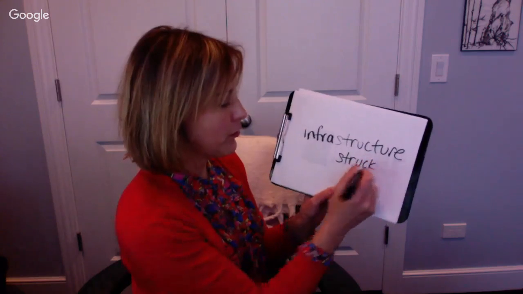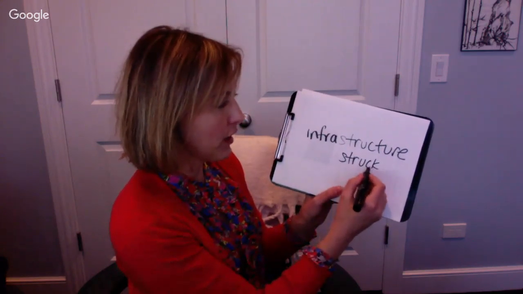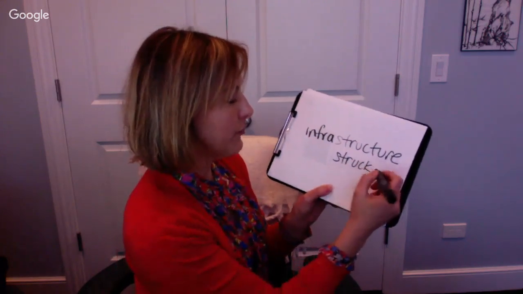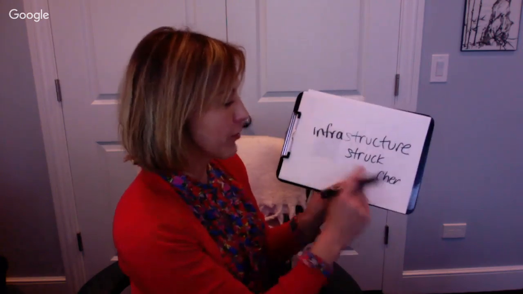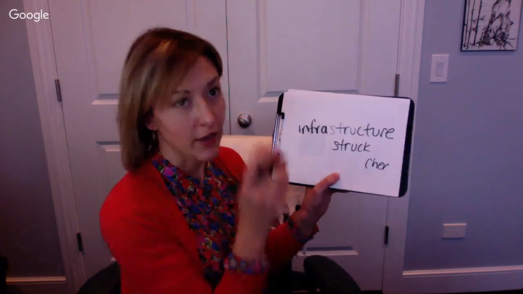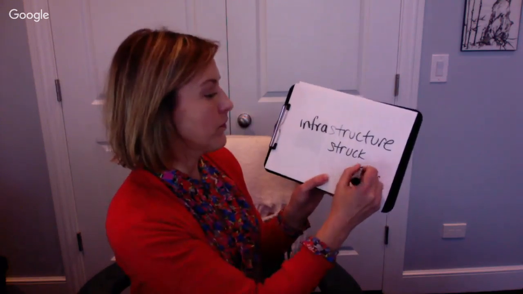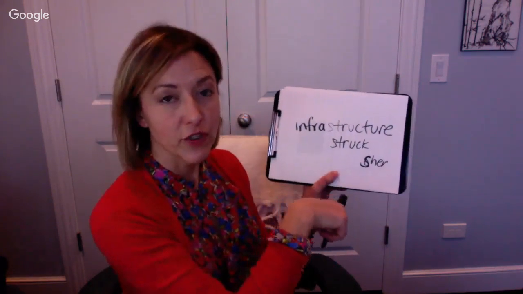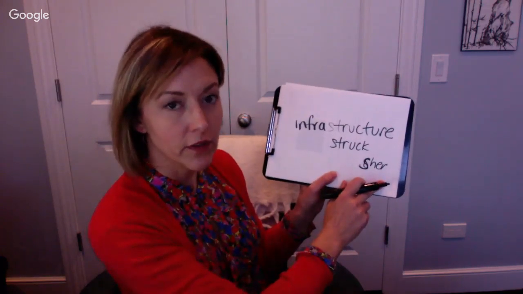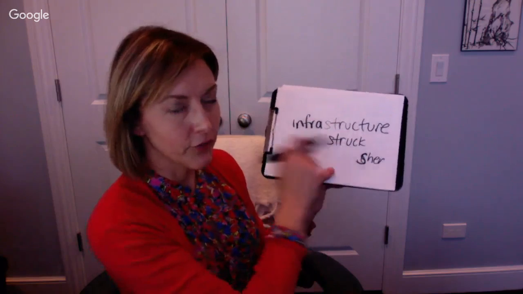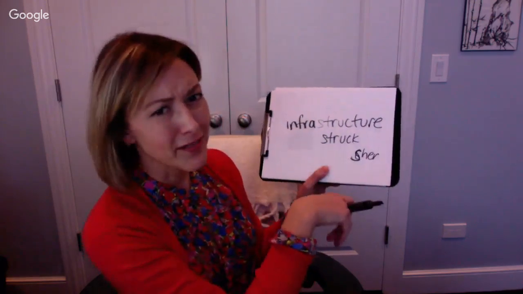Think of the word struck, and then infrastructure. Actually, I said that differently. Infrastructure. I actually use an SH. Infrastructure. Sorry, sometimes it's hard when I'm teaching live because I don't have time to analyze the word for you. So sorry about that. Anybody else?